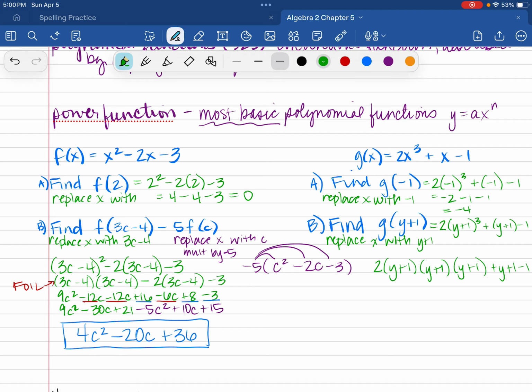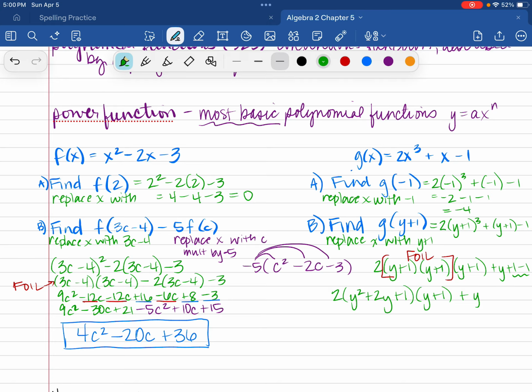So we can only do this y plus 1 cubed 2 factors at a time. So I would start with 2 of them and FOIL that. And when we do that, we are going to get y squared plus 2y plus 1, and then multiply that by y plus 1. And over here on the tail end, we can cancel out those 1s and just throw that y on the end.